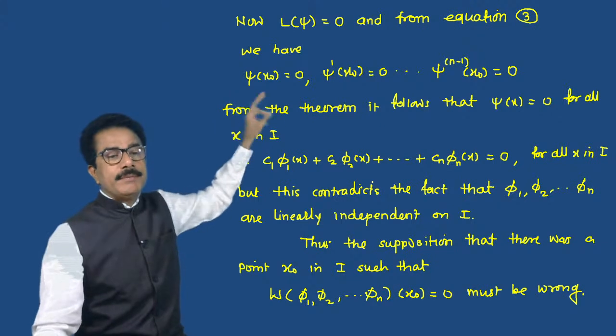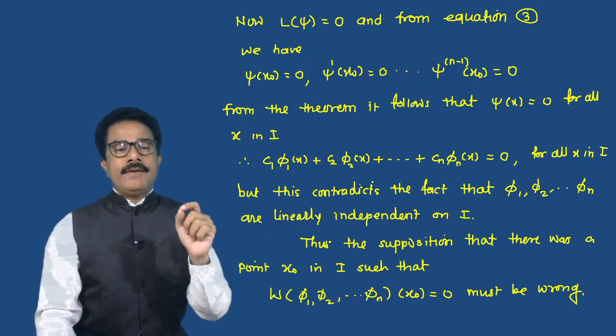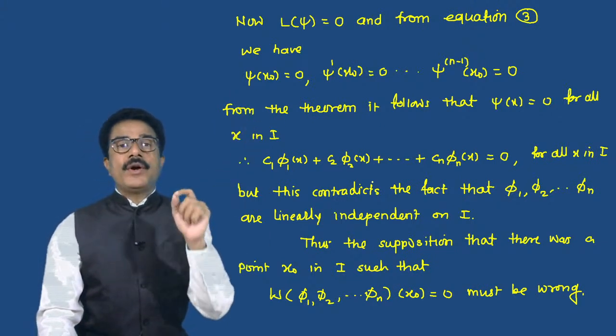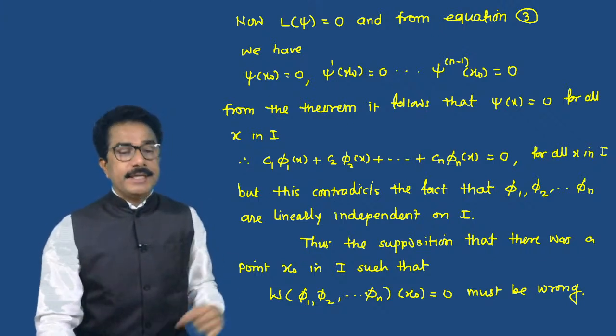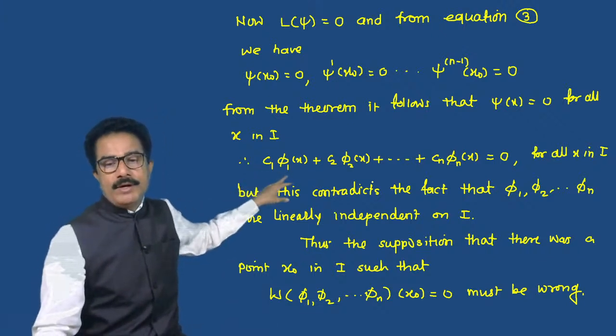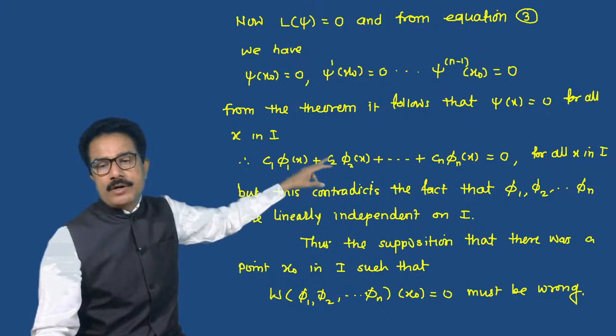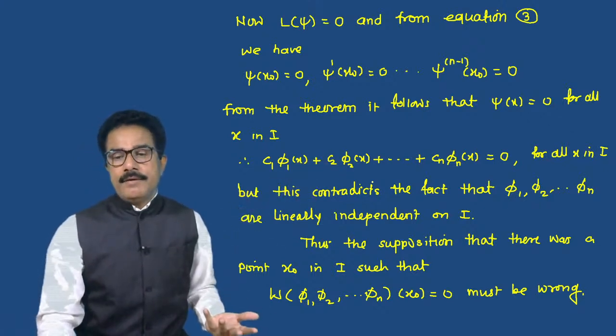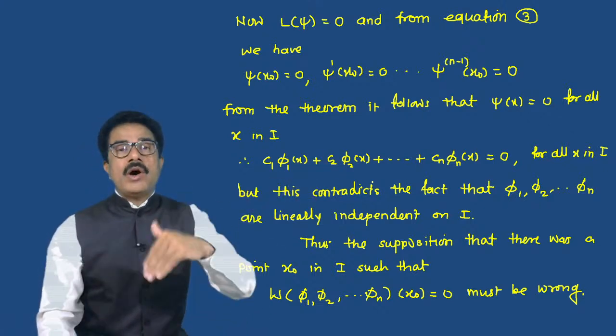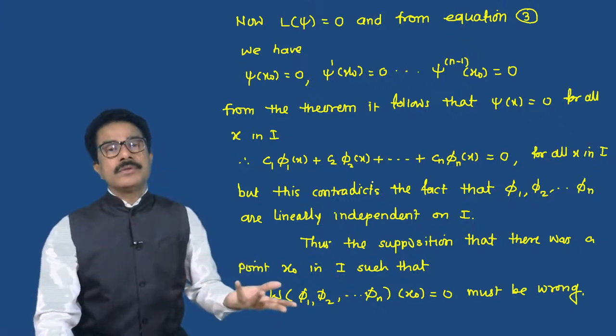But from the theorem it follows that psi of x is equal to 0 for all x in I. This implies that c1 phi 1 of x plus c2 phi 2 of x dot dot dot cn phi n of x is equal to 0 for all x in I according to the theorem.